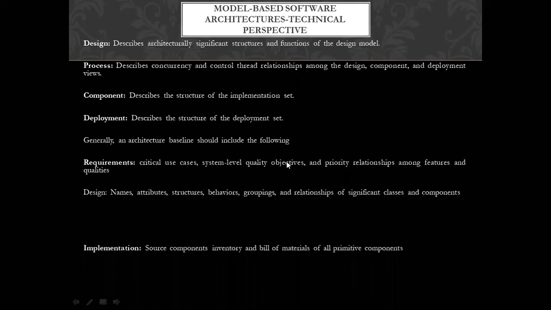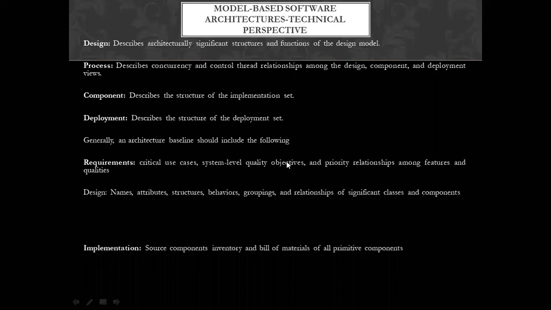I have told you there are four or five views. The use case view describes the system's critical use cases which are realized by the elements of the model. To model them, use case diagrams should be there. Utilize any of the UML behavioral diagrams to show those use cases.